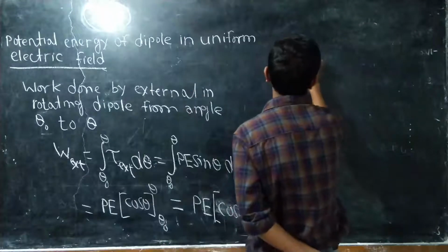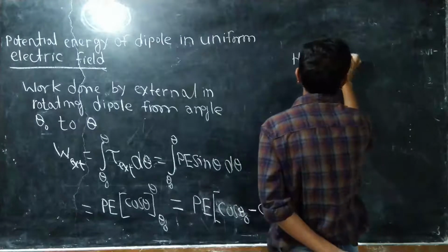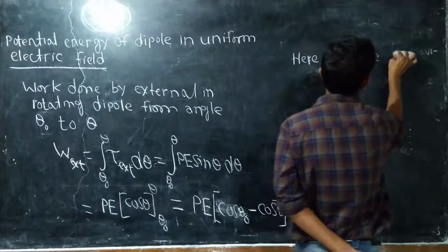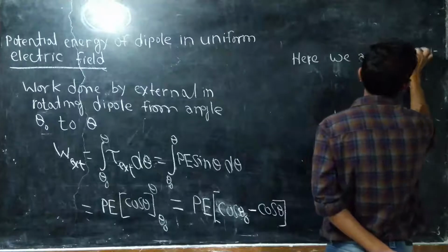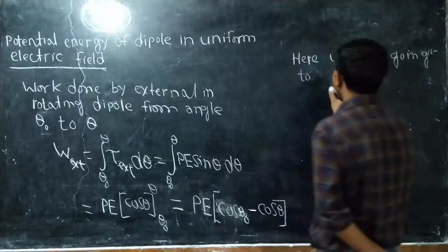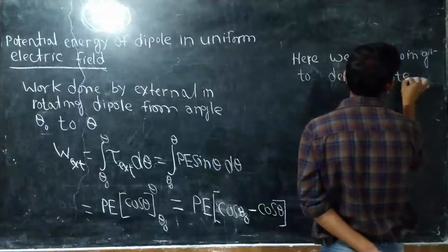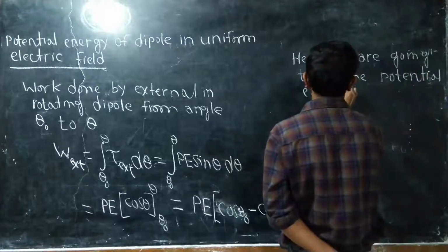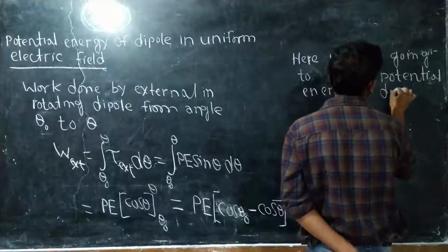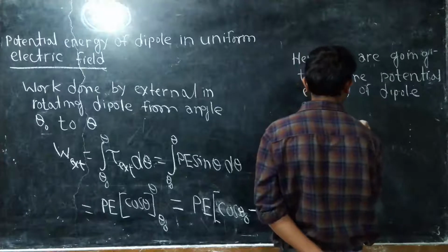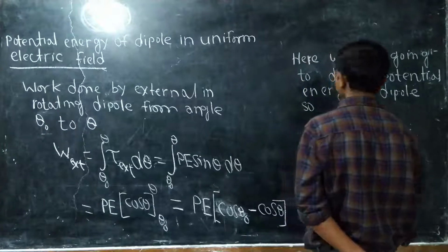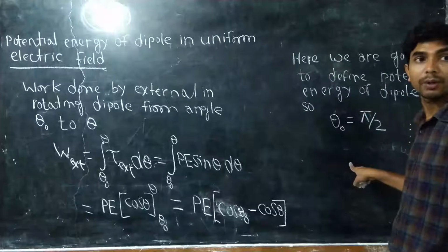So here directly we can write it. Here we are going to define potential energy of dipole. So theta 0 is equal to pi by 2, right?